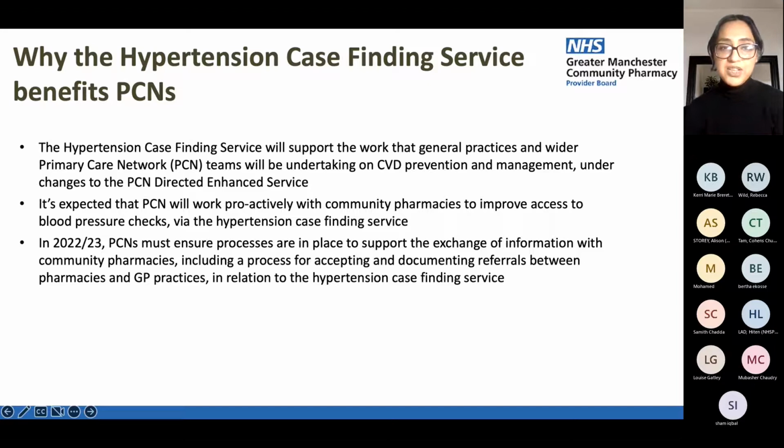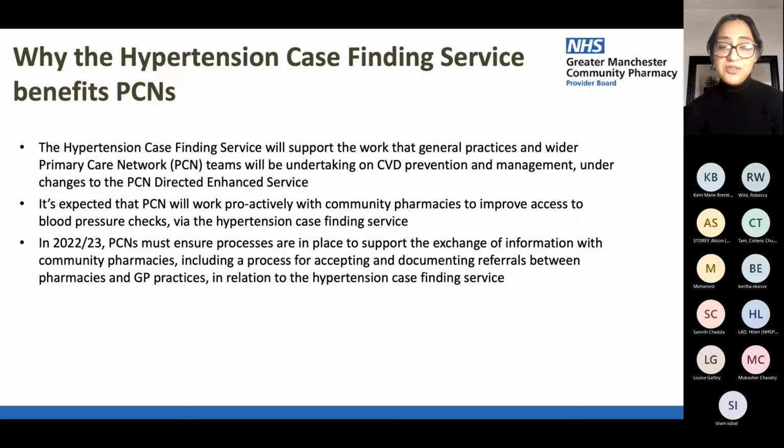So why the hypertension case finding service? The hypertension case finding service will support the work that general practice and wider primary care network teams will be undertaking on CVD prevention and management under changes to the PCN DES, or the Direct Enhanced Service. It is expected that primary care networks will work proactively with community pharmacies to improve access to blood pressure checks via the hypertension case finding service.